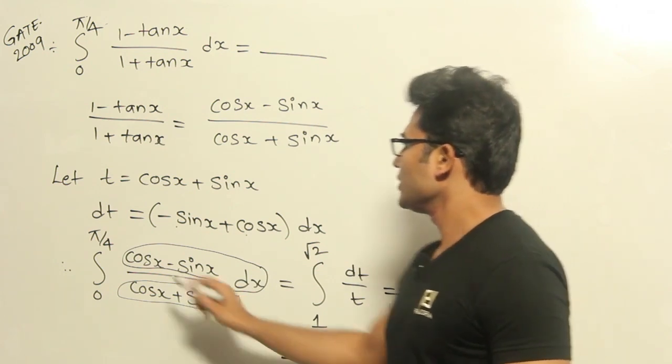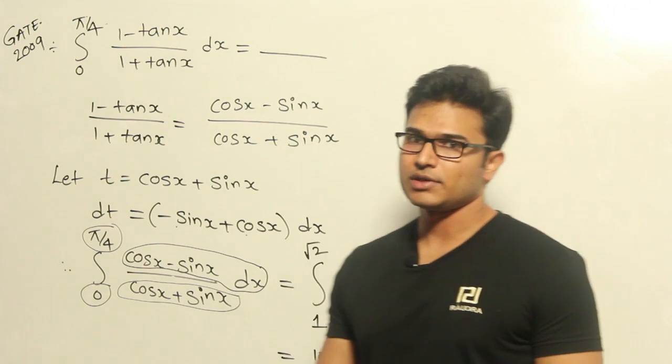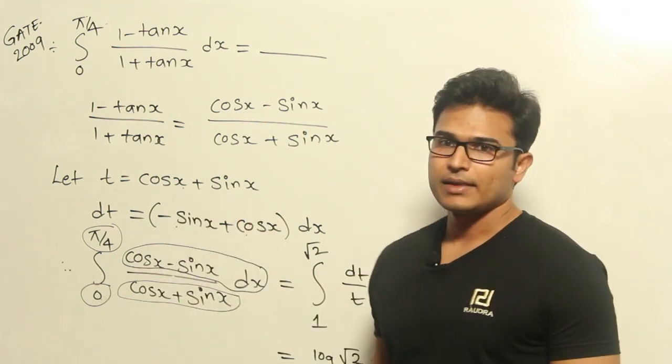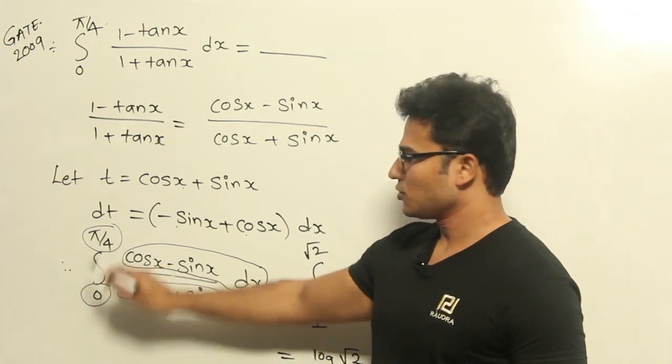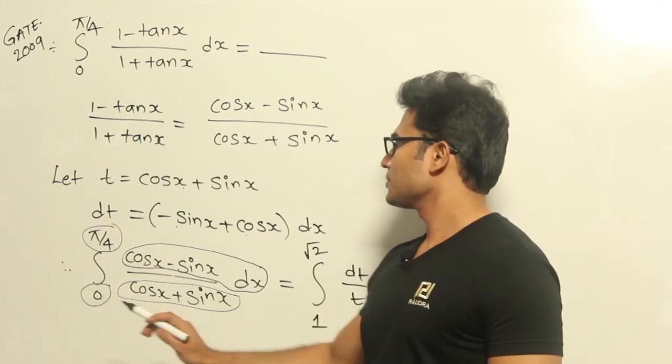The only thing remaining is what to replace pi by 4 with and what to replace 0 with. As the interval for x is from 0 to pi by 4, you can find out the interval for t. So you substitute 0 here.